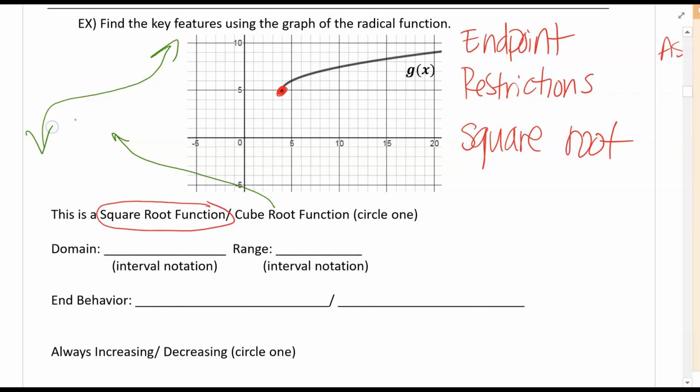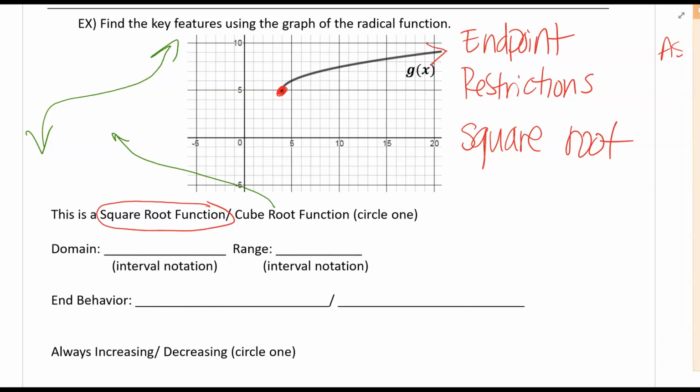It's going to have arrows on both sides. Because there's no restrictions, it'll have arrows on both ends. Well, it doesn't actually have the arrows, but there's no endpoint. So it signifies it's going forever. Like for example, this doesn't have an arrow, but there's no endpoint. So it's signifying it keeps going on forever.